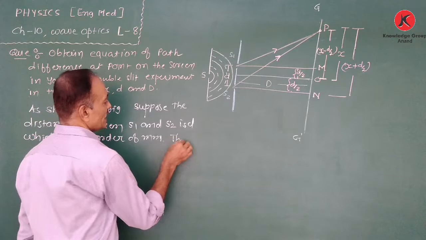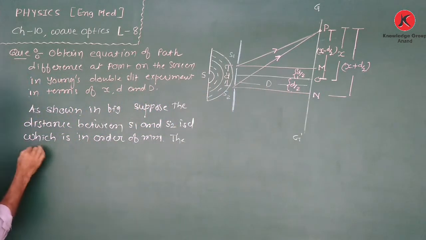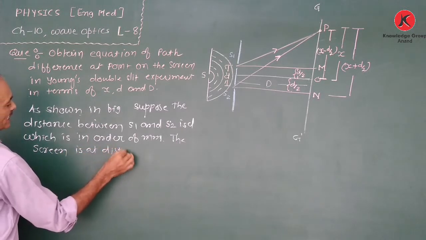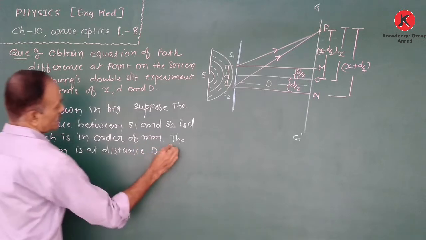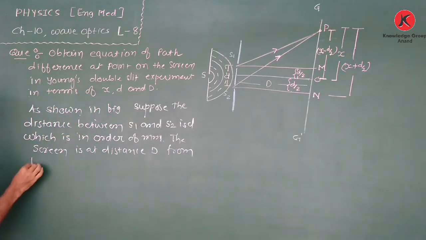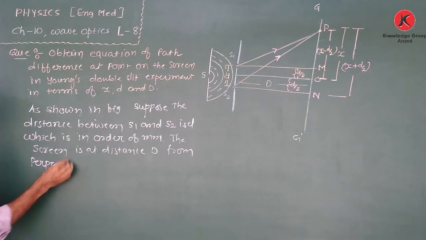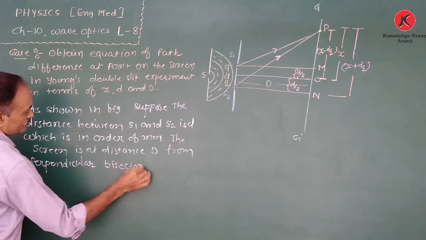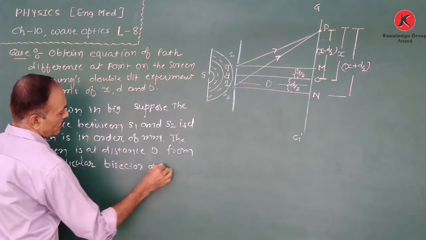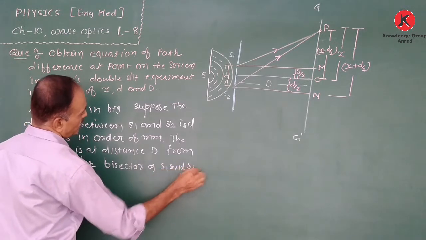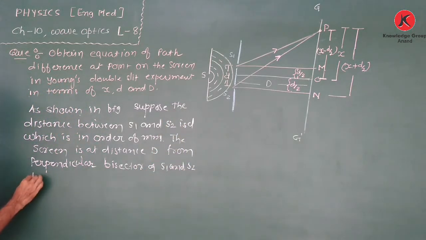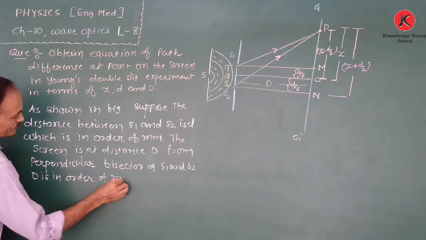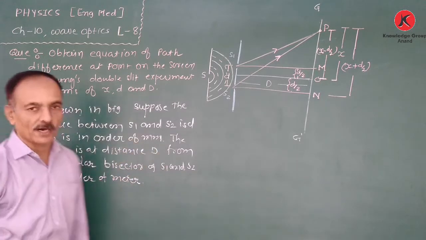Next, the screen is at distance capital D from the perpendicular bisector of S1 and S2. D is of the order of a meter.